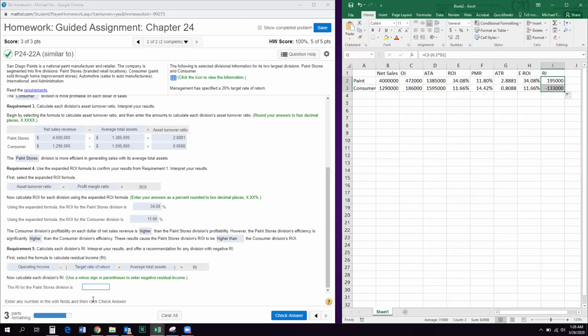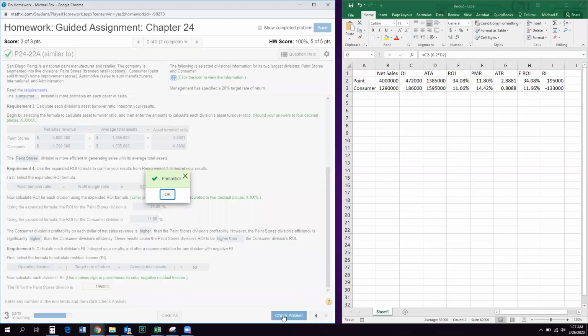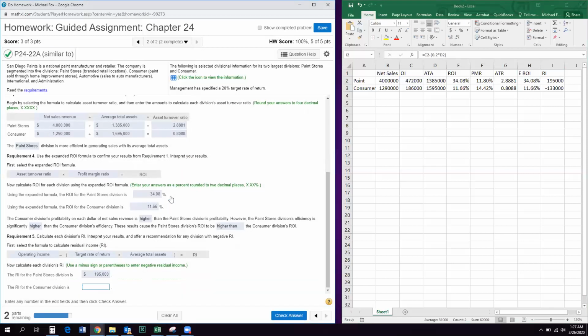So we see that for the paint store division, it is 195,000. And for the consumer division, it is negative 133,000, meaning the consumer division is not meeting that 20% rate of return.